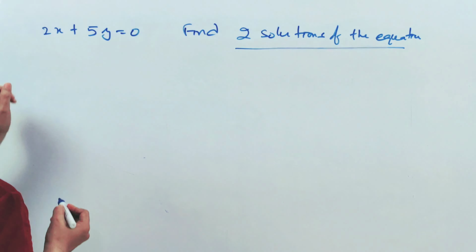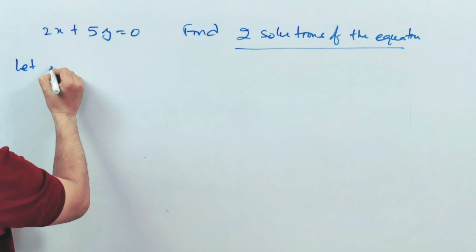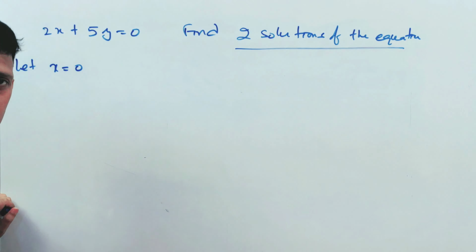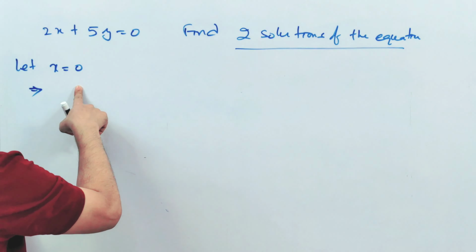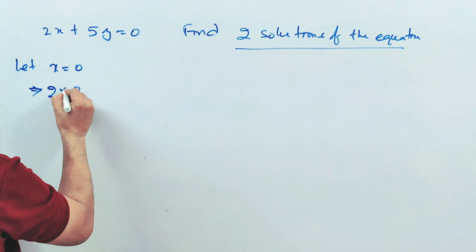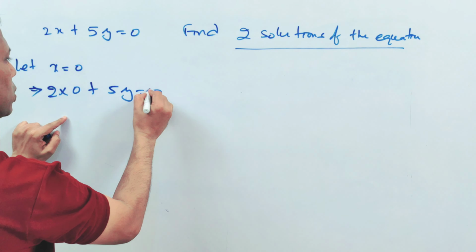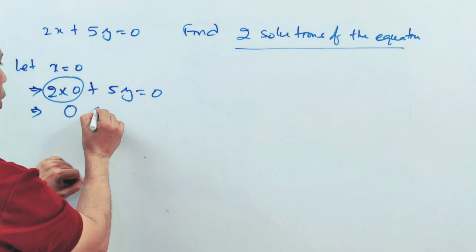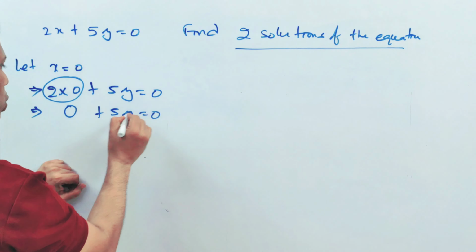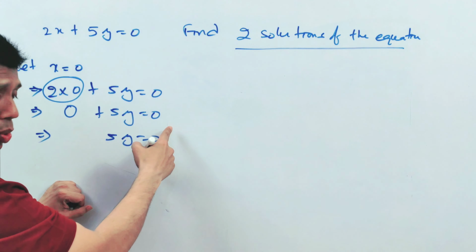Now what I will do here, 2x plus 5y is equal to 0. Suppose somebody has put x is equal to 0, then what is the value of y? If x is equal to 0, then 2 into 0 plus 5y is equal to 0. 2 into 0 becomes 0, plus 5y is equal to 0, implies only 5y is equal to 0.